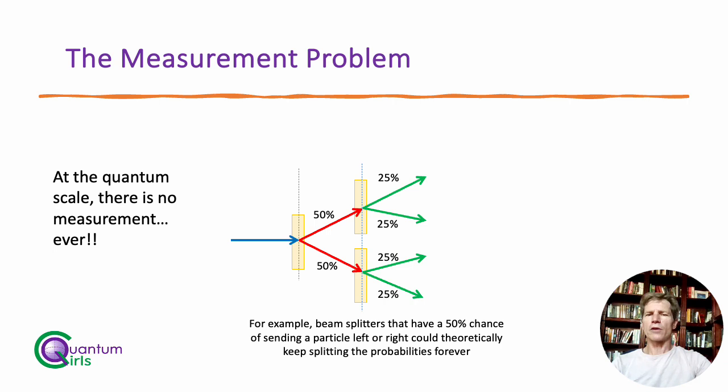If you followed the Schrödinger equation through, you would find that even if you built it up to a macroscopic level, there should still just be a 25% chance of finding the pointer indicating that it's either one, the other, or the other. So the pointer should be in a superposition. But we never find it that way. We only ever find it in one position. So what is this mysterious measurement thing?